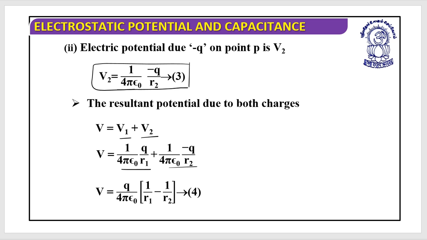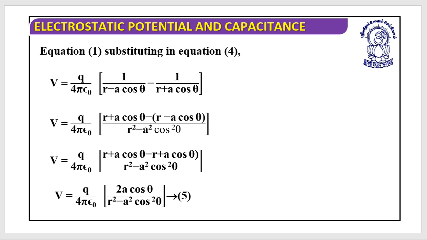Let's take kq as common, and the remaining terms are 1 by r1 minus 1 by r2. Now replace the values of r1 and r2: r1 equals r minus a cos theta, and r2 equals r plus a cos theta. So this is kq into the bracket 1 by (r minus a cos theta) minus 1 by (r plus a cos theta).